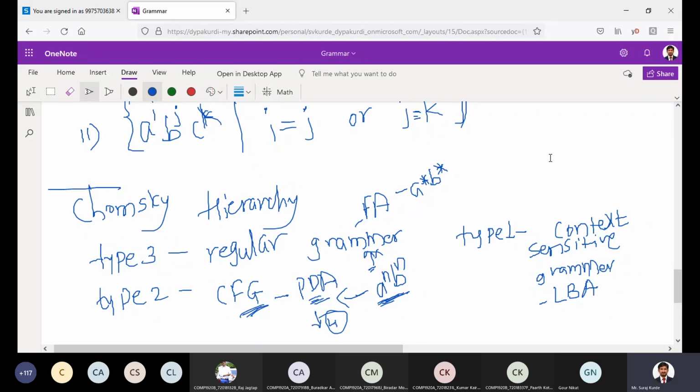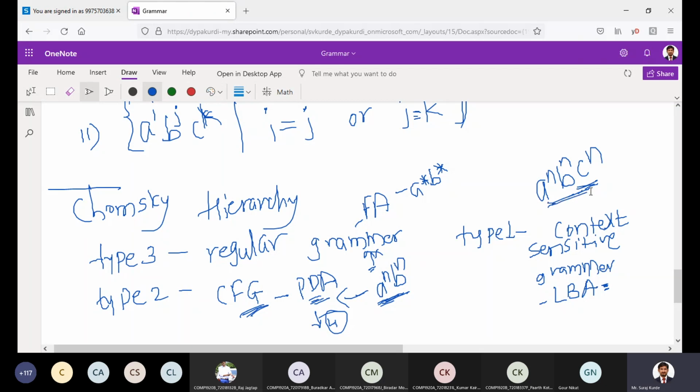Then type 1, they are context sensitive. The grammar is context sensitive grammar. For that we are having linear bounded automata, and for that somewhat we are using CFG only. This type of languages, a power n, b power n, c power n. Number of a equal to number of b equal to number of c.